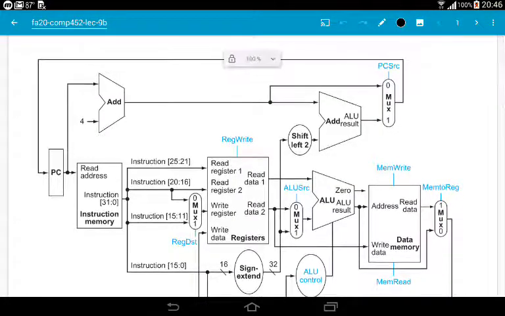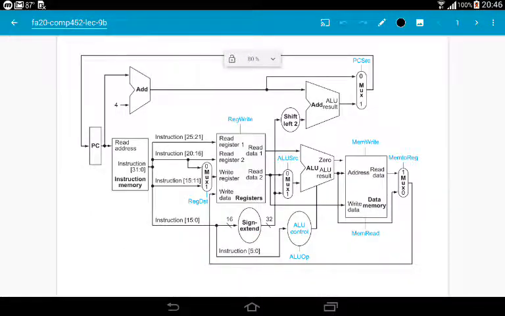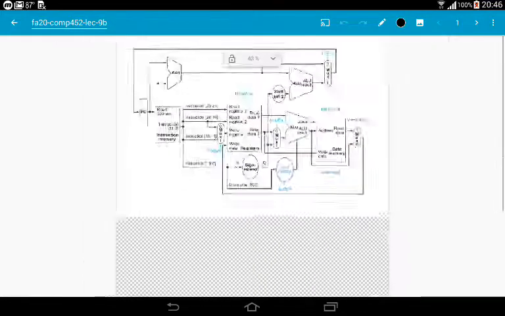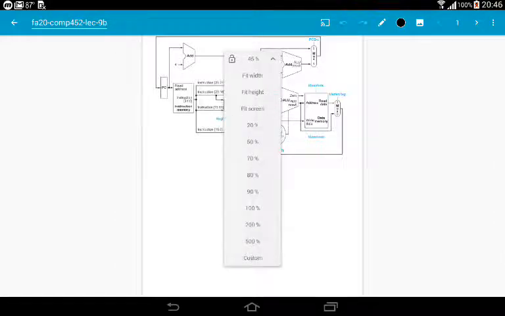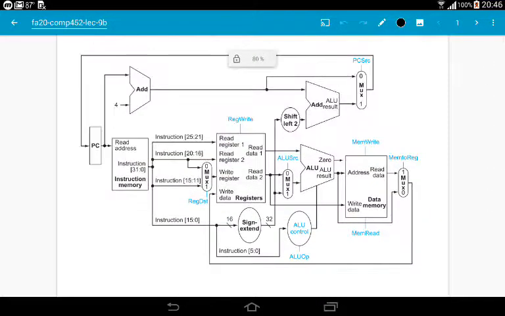Okay, so this is the data path. Let me make it a little smaller so that we are able to see the whole thing. Okay, this is our data path.